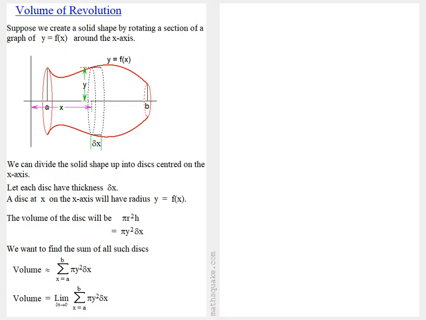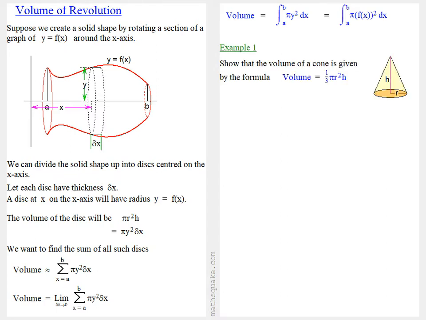Well, the limit is the integral. So we have the volume is equal to the integral from a to b of pi y squared dx. But we have to substitute y as f of x. So it's equal to the integral from a to b of pi times f of x all squared dx.